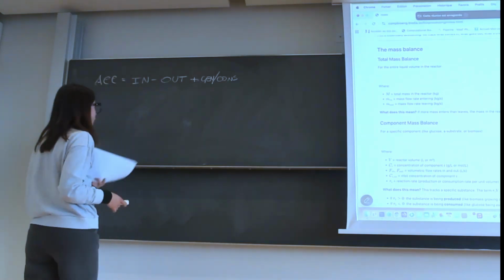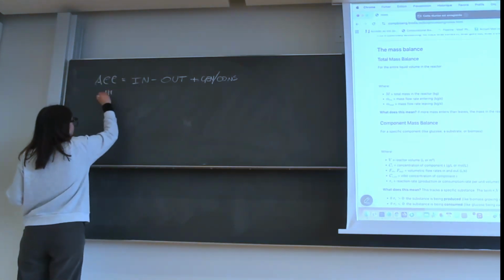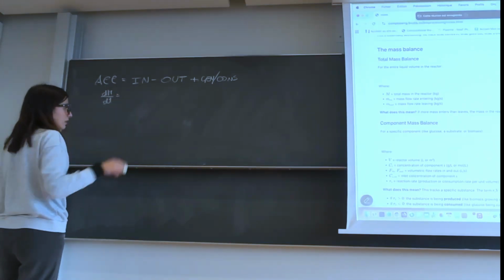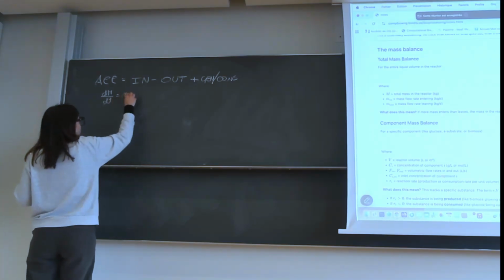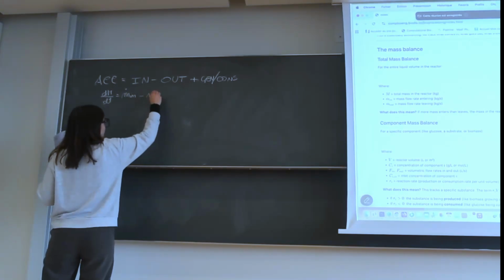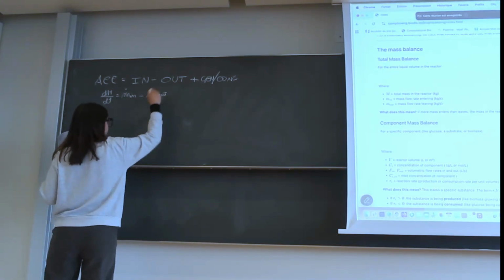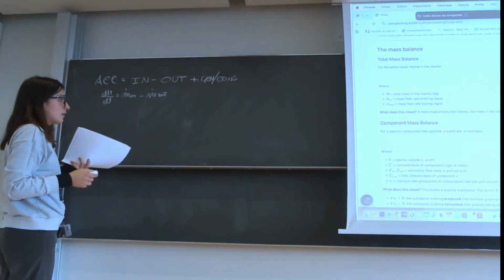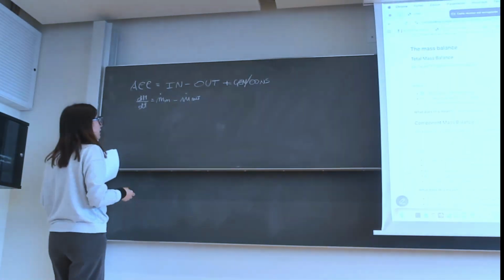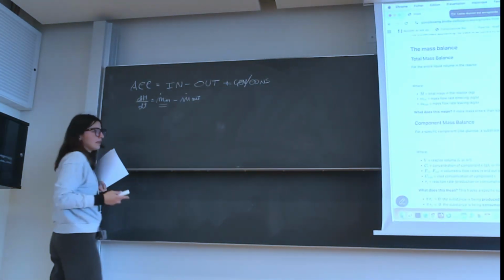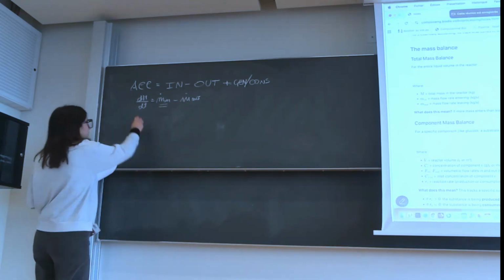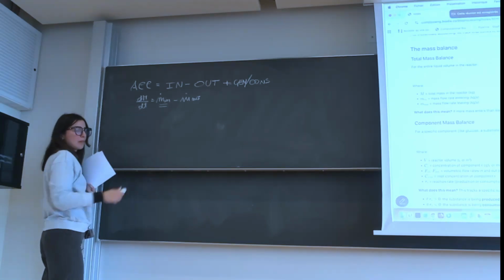For the whole flow, we can say that the variation of the mass over time in the system is equal to the total mass in input minus the total mass in output. What does it mean? If the mass in input of the system is higher than the mass in output, the accumulation of mass will be positive.